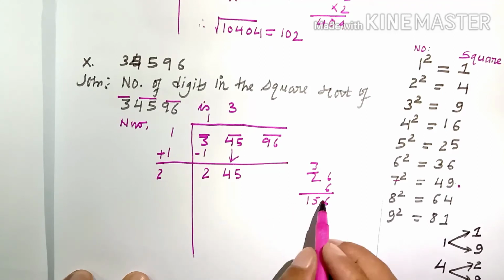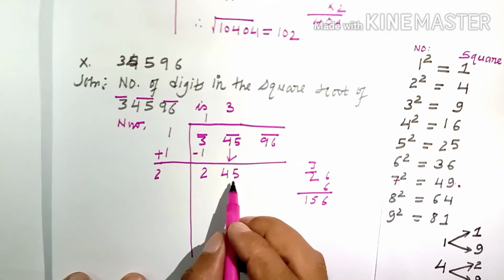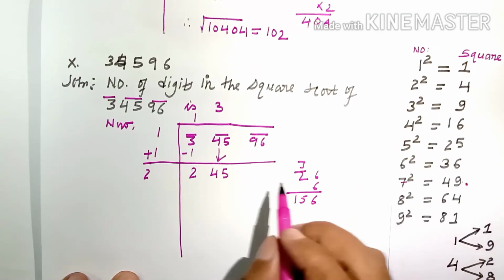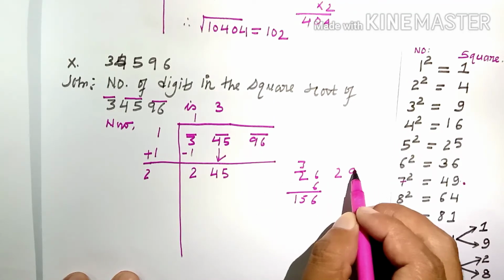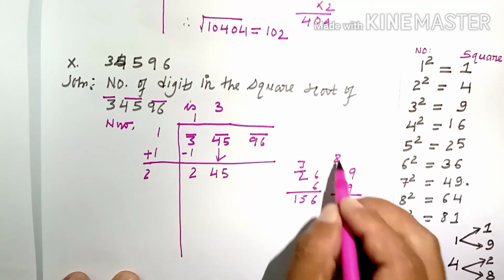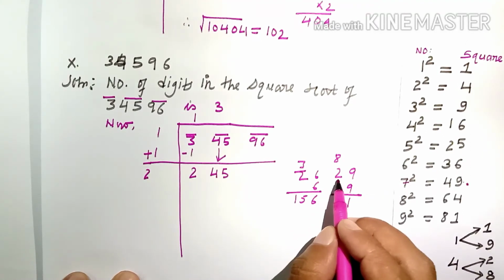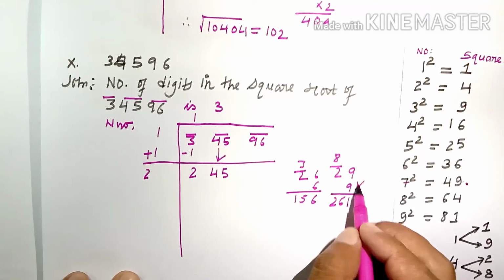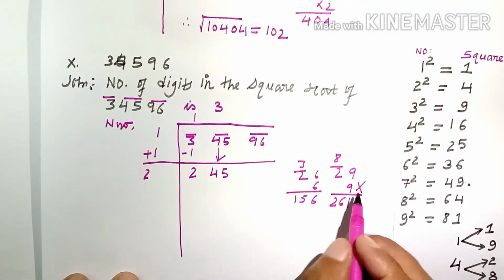That means it is less than 245. But again you'll have to see whether we can take 7, 8, 9. If I take the largest number, 9: 9 9s are 81, 18 and 9 2s are 18, 18 plus this will be 26. That means it is greater than 245, so it is not possible to take.